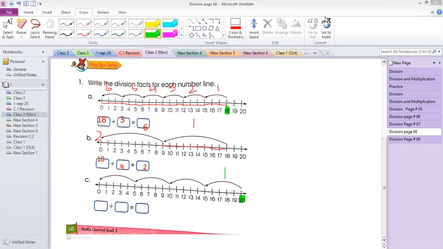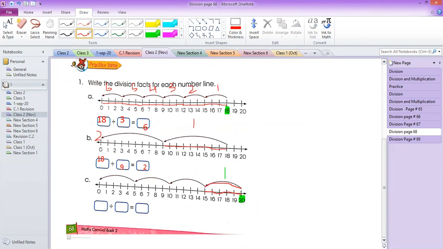Check here, guys. 1, 2, 3, 4, and 5. Look at this step. It starts from here and reaches there.